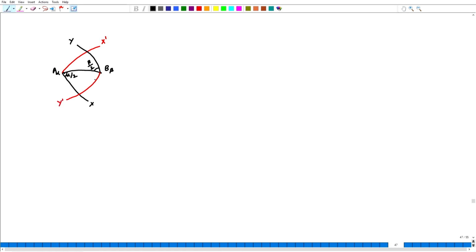Very clearly, if I put some of the angles here, since I have given a rotation of beta about the B axis, and this was already beta by 2, this has to be beta by 2. Similarly, the angle between the great circles A x prime and A B would be alpha by 2.